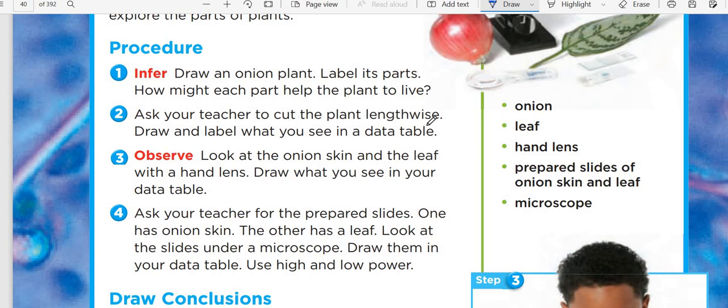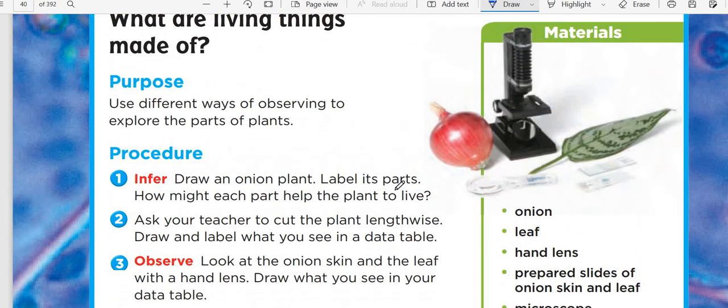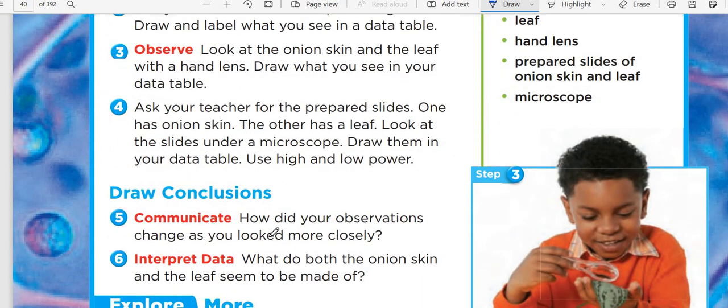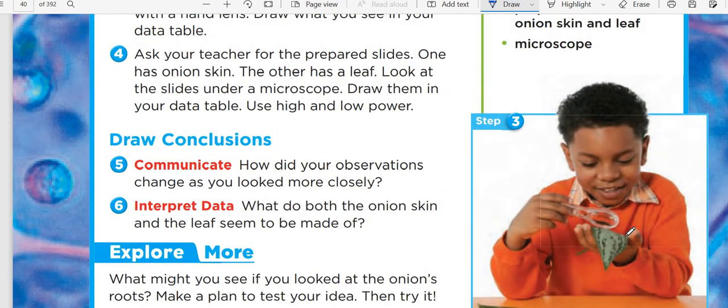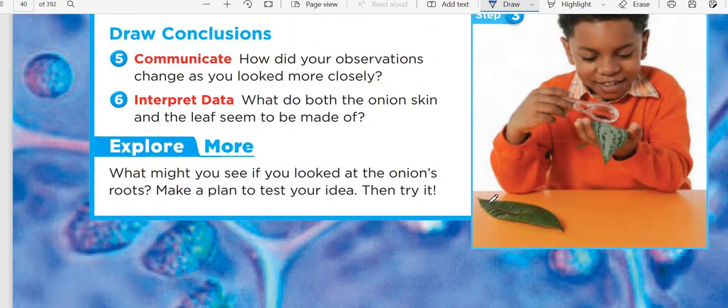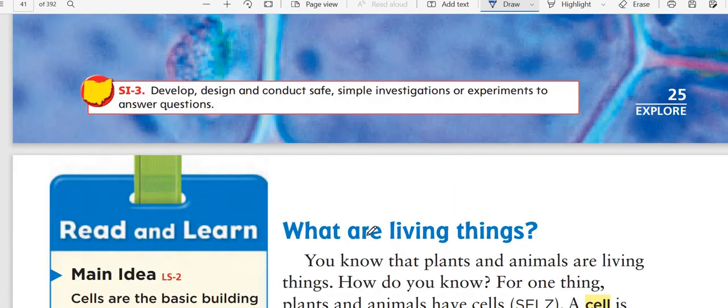Ask the teacher to cut the plant lengthwise, put it on the cover slip and put it under the microscope so we can see the cells of the onion. How did your observation change as you looked more closely? What do both onion skin and leaf stem seem to be made of? Okay, so we are going to explore what they are made of.